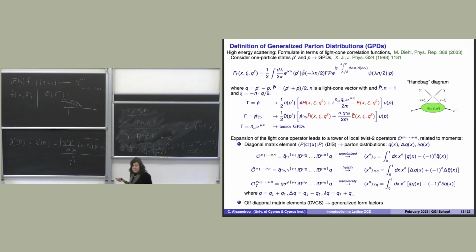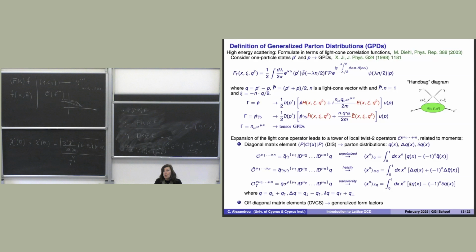These are the moments. Okay, these are the moments, so I can compute the moments of distributions. And therefore, in principle, I can compute this matrix element on the lattice. Of course, practically, I can only do the lower moments.